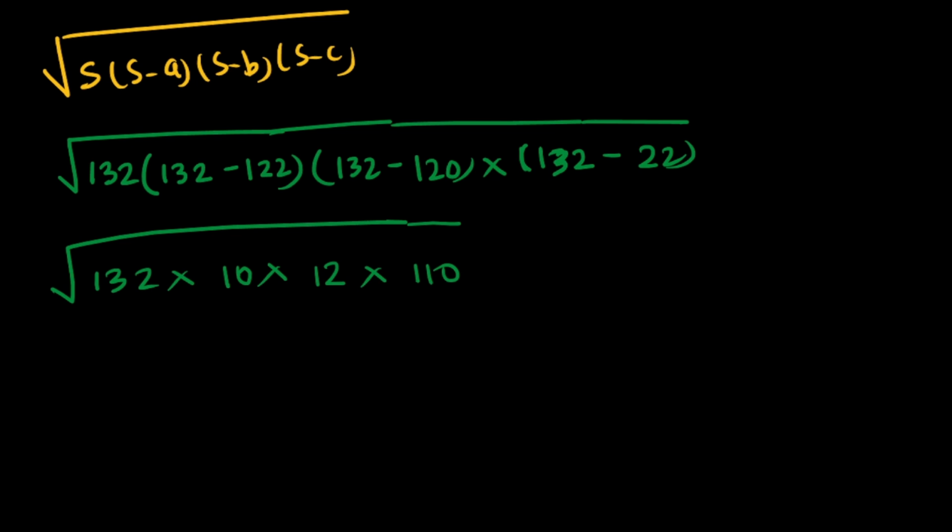Now we'll simplify this. This 132, you can write it as 11 into 12. Why am I writing it as 11 into 12? Because you have a 12 over here. Again, you have a 12 over here.